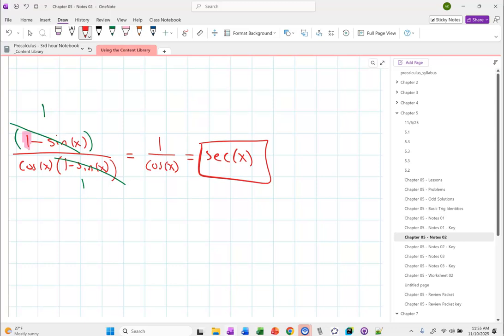As long as you're doing correct work, you're using identities properly, you're using algebra properly, and you arrive at the correct final answer, there's no deduction for doing it long, in a more circuitous route. There's no style point here is what I'm trying to say.